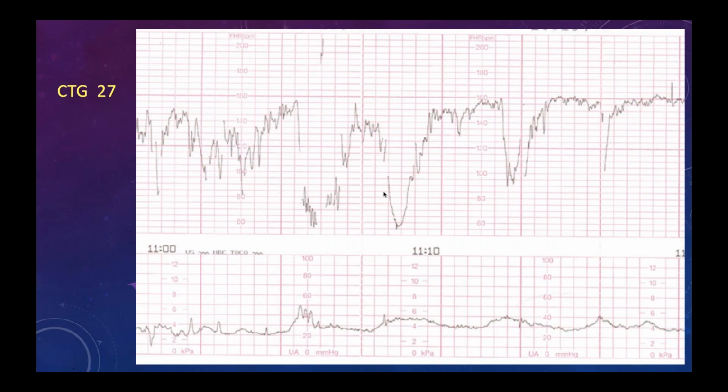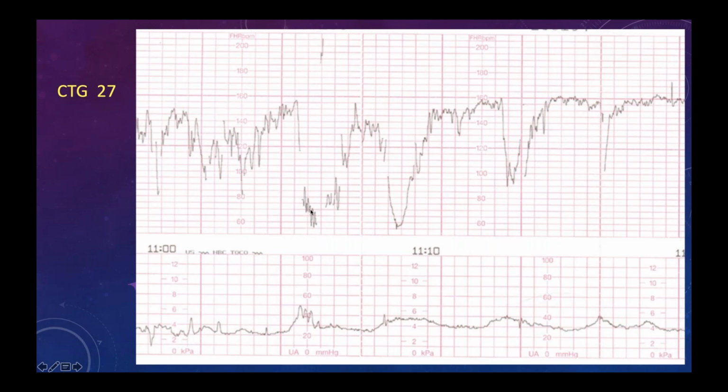Yes. Pathological CTG. So why are you saying pathological? Because it takes a long time to recover, and there is no variability and deep deceleration. It must be 90 minutes to say this is pathological.